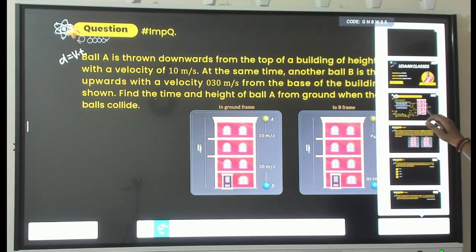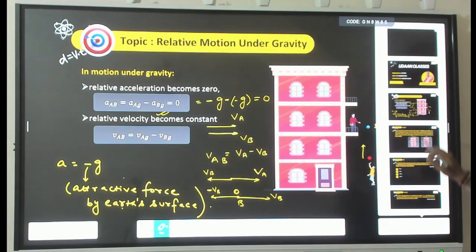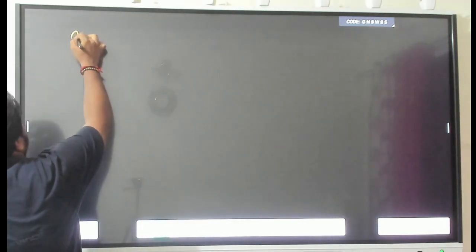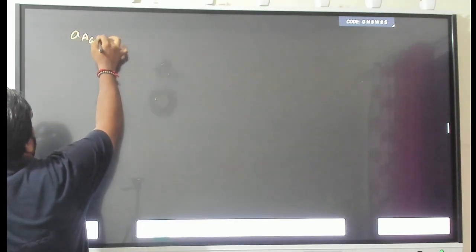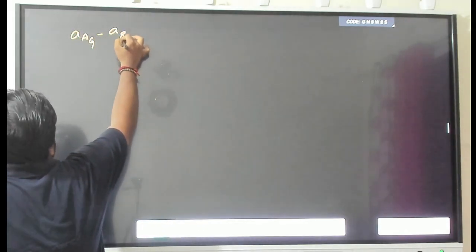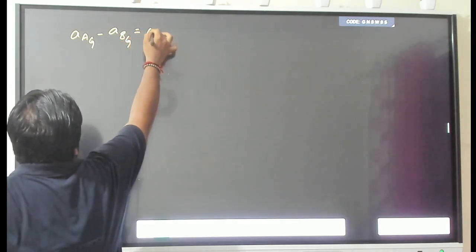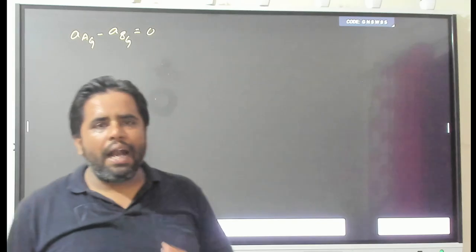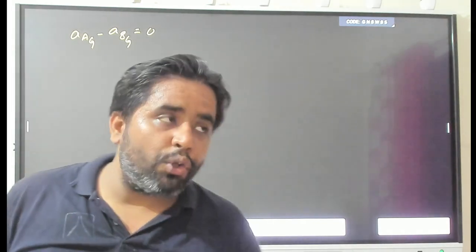One more thing I would like to say is, suppose the acceleration of A with respect to ground minus the acceleration of B with respect to ground equals 0. What does it mean? It means the relative acceleration is going to be 0.